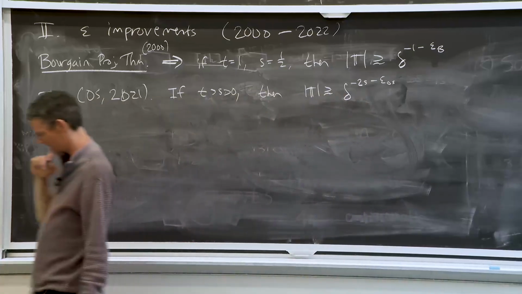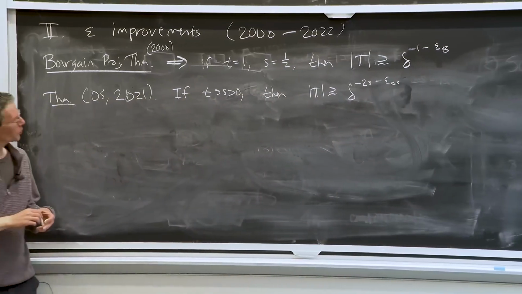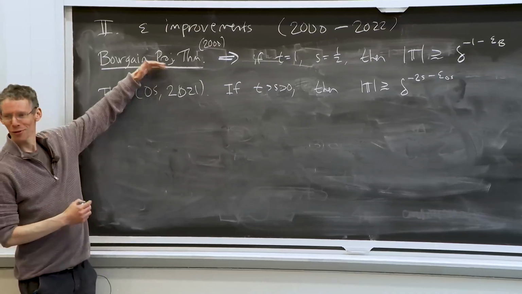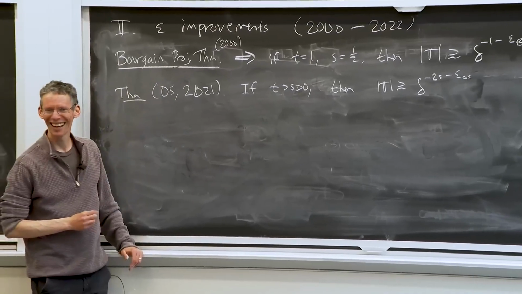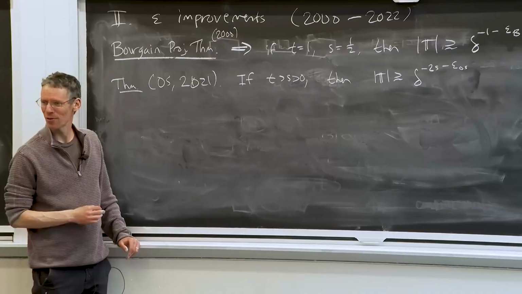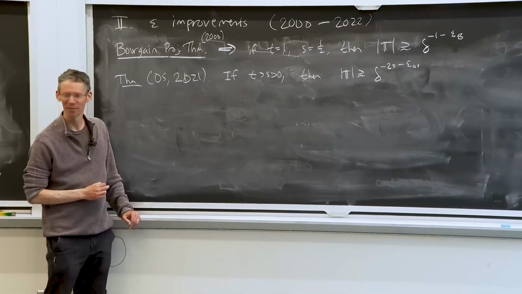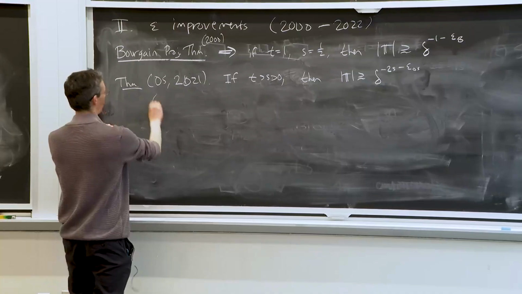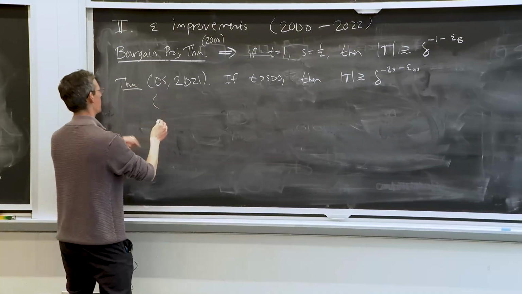All right. So in our class, we said a lot about the proof of the Bourgain projection theorem. I actually wouldn't say that we did every step, every detail. And this one, we haven't proven, but let me just say something about the proof.